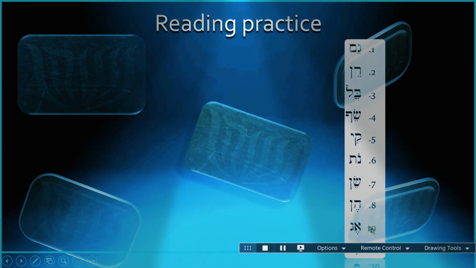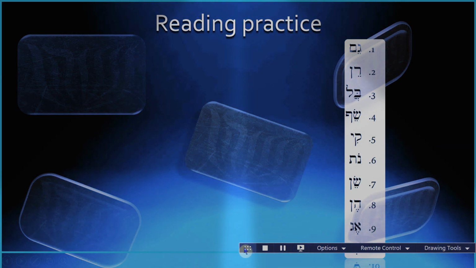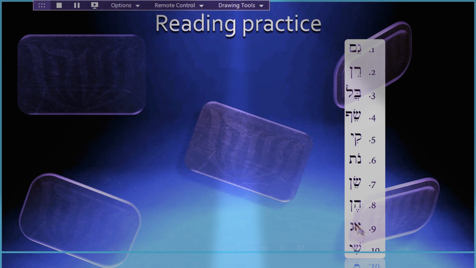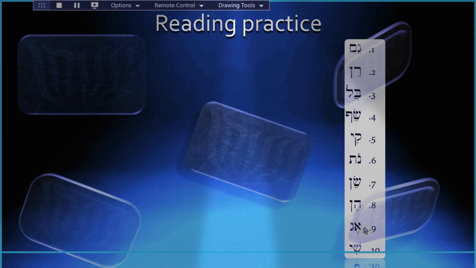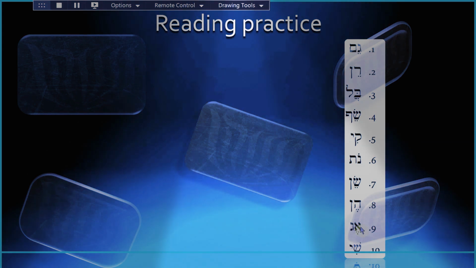Number 9. Egg. You get the egg from the hen. And you'll notice the aleph, it's just a placeholder today for the vowel sound.